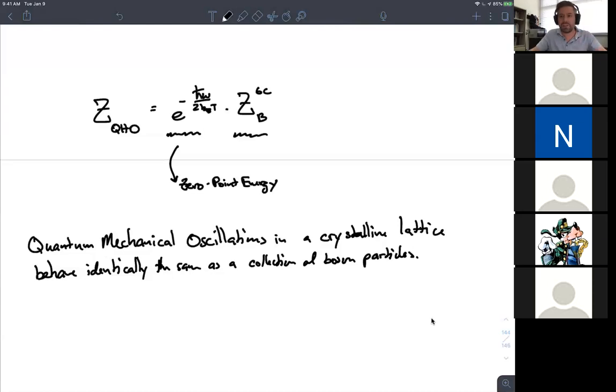In other words, the oscillations in this crystalline lattice behave like boson particles. You can think of the oscillations as particles themselves.